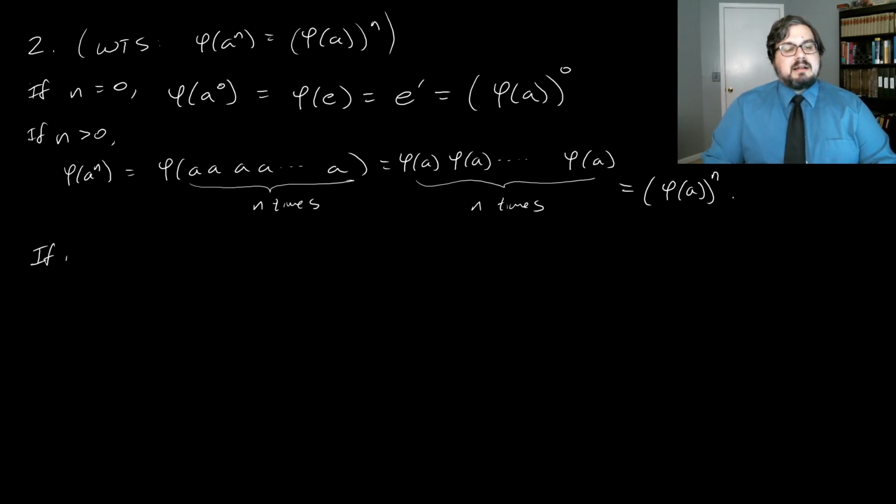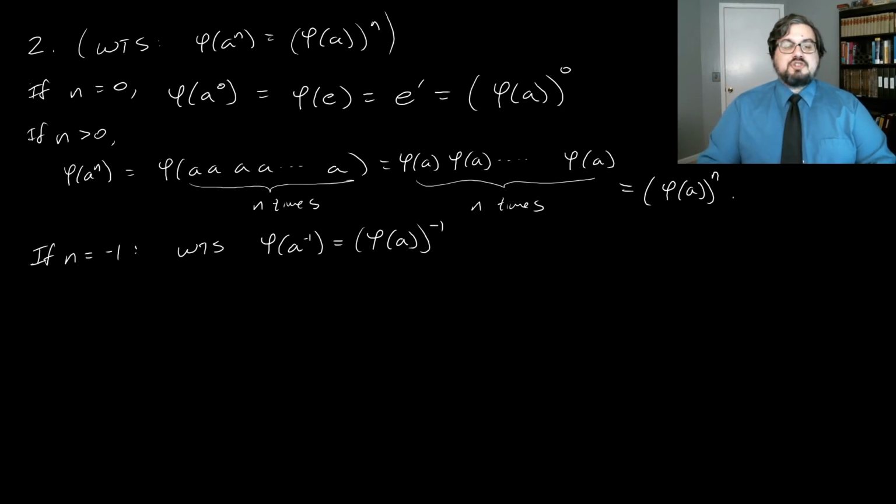Now, let's look at if n is equal to -1. We'll handle that case separately. So we want to show that phi of A inverse is equal to phi of A inverse. Now, the way to show that one element is the inverse of another element is to multiply them together and show that you get the identity.